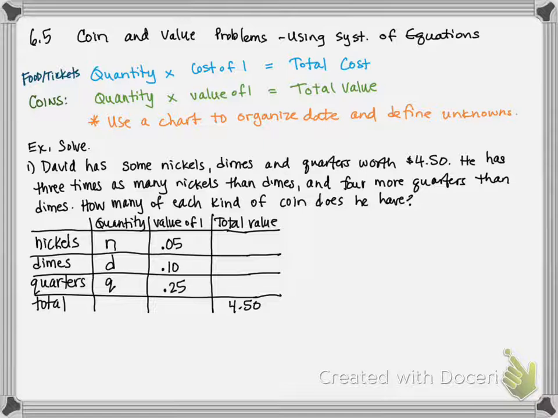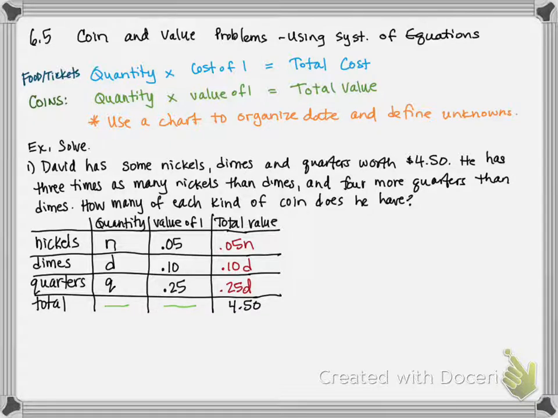They do not tell me how many coins I have altogether, so I have nothing for the first column, nor do I come up with a weird new coin that is some sort of mixture of those values. Then I'm just going to multiply straight across. That gives me 0.05N for the value of the nickels, 0.10D for the value of the dimes, and 0.25Q for the value of the quarters.